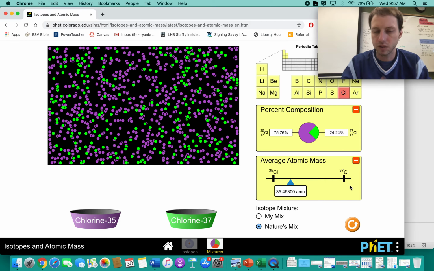Chlorine has 2 naturally occurring isotopes, 35 and 37, and they're a little closer to being evenly dispersed. They're not even. Chlorine 35 is most abundant at roughly 75%, and then roughly 25% is chlorine 37. And so when I average those 2 masses together, considering abundance, I get 35.45.